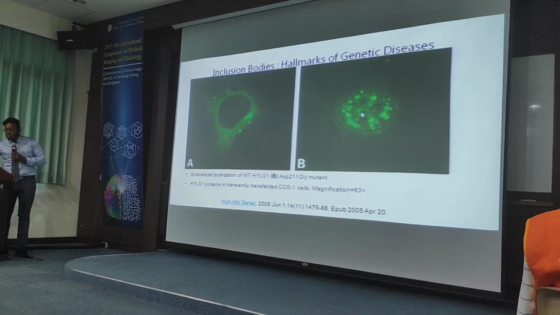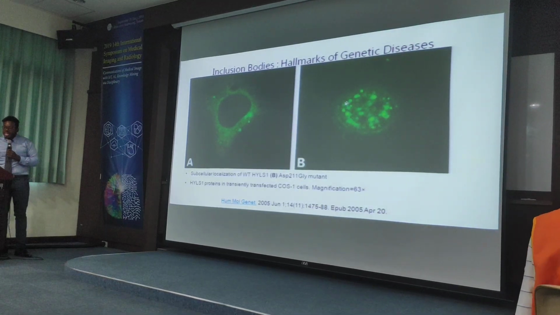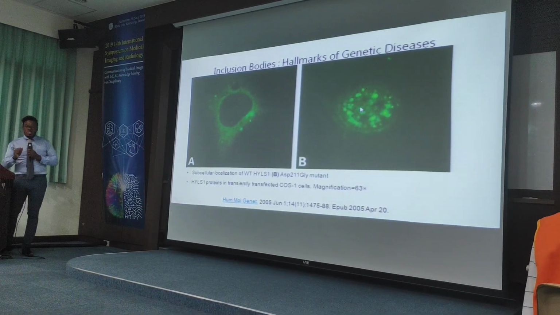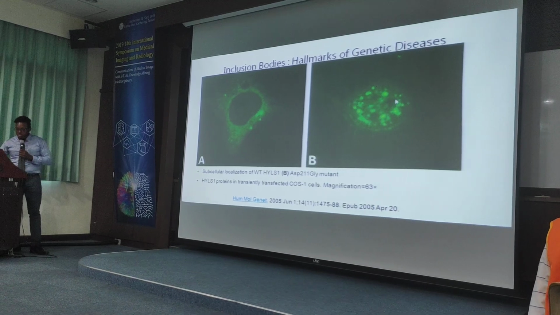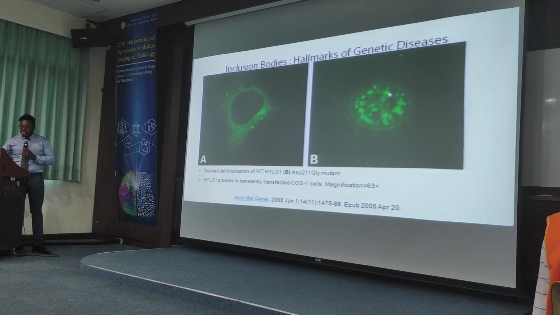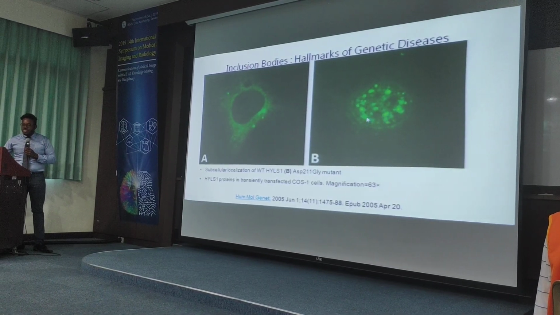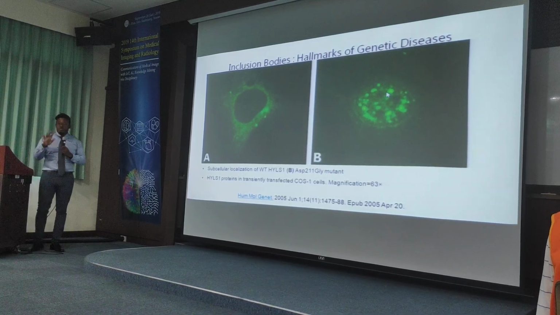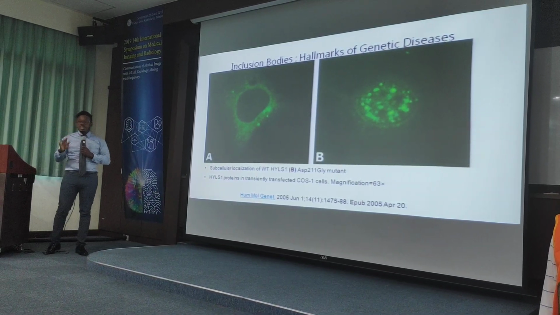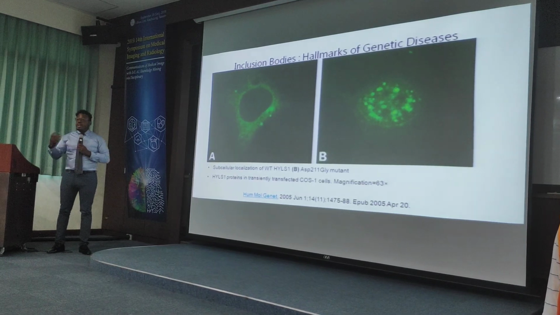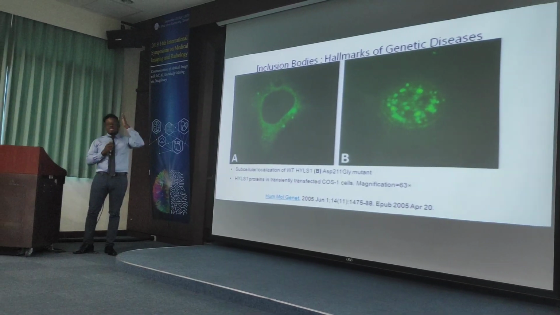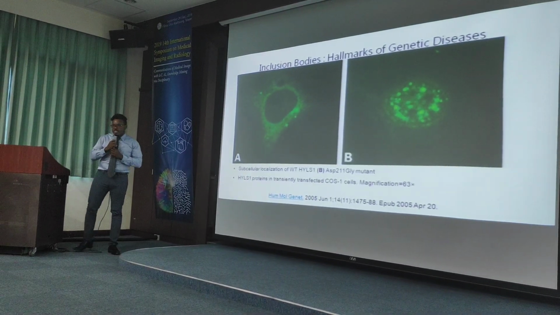But in the mutant form, the protein can enter the nucleus. Not only does it enter the nucleus, but it forms what are called inclusion bodies. You see these hyper-intense dots here? They're inclusion bodies. These are protein aggregates that stick to each other. Another example would be in Alzheimer's disease. Prions stick to each other, and that deteriorates the brain.